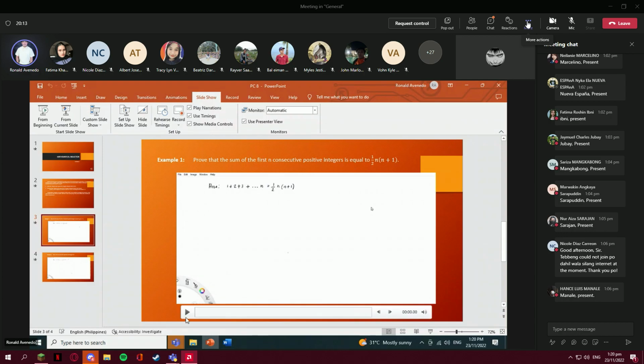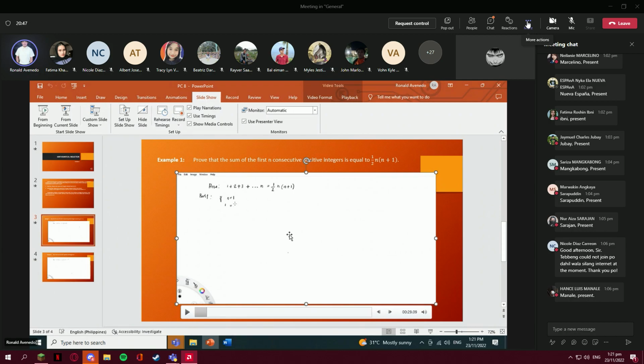Okay. How are we going to prove this? Diba, sinabi kanina, we have two parts. Okay, the first part, we are going to assign n equal to 1. So when we say n is equal to 1, the number of terms is only 1, and that should be the first term.